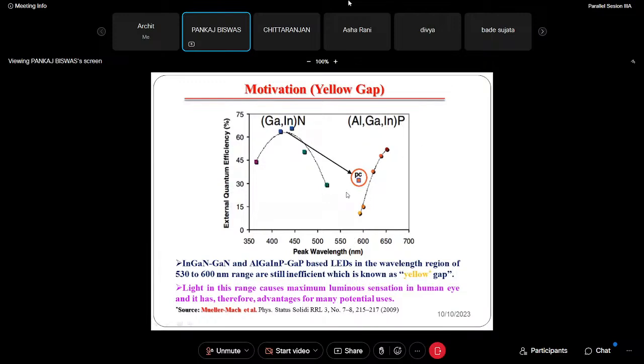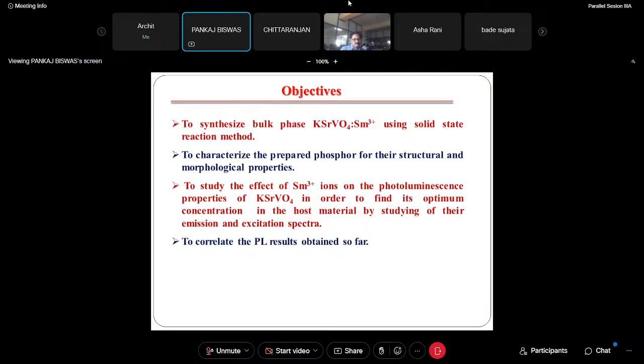In between there is a gap from the natural LEDs, and this gap can be filled with phosphor converted LEDs, where we coat the material with the phosphor and they emit in the visible region. Based upon the motivation, the following objectives were made.